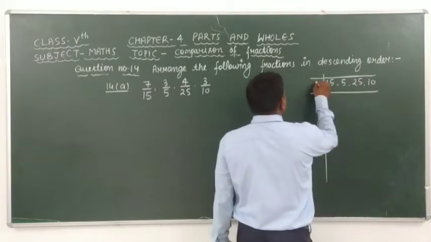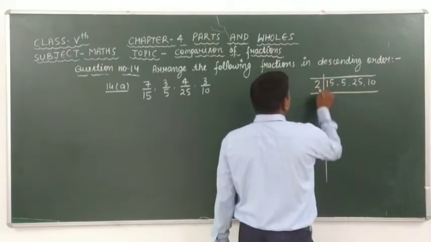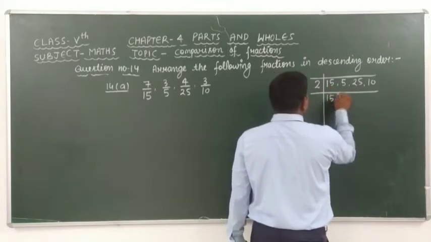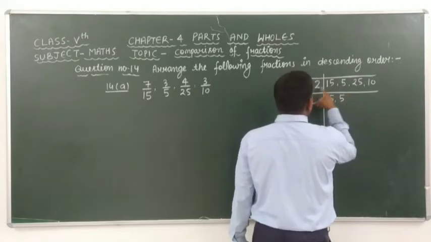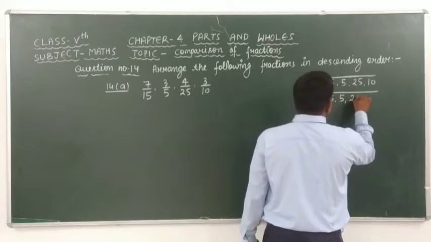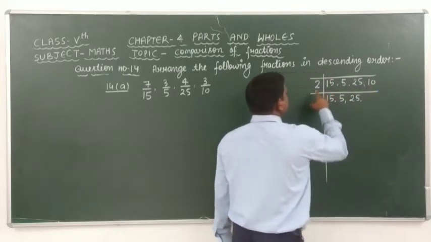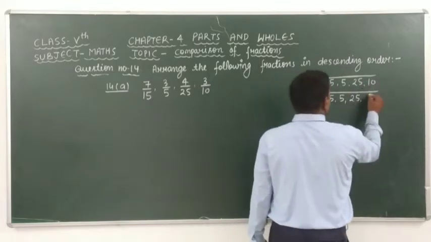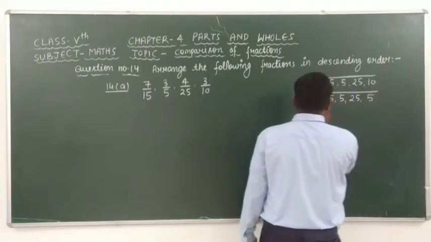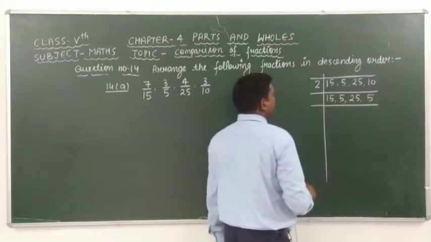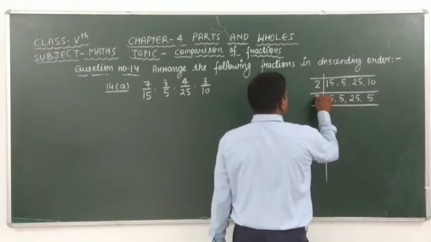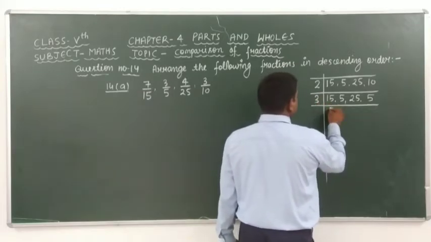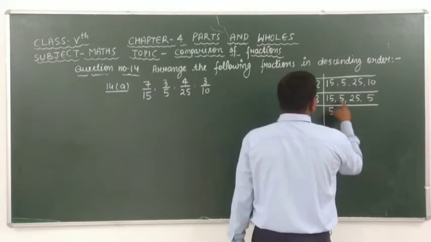Therefore here we have to take 2. 15, 5 and 25 stay the same. 10 divided by 2 is 5. Again, 15 is divisible by 3, therefore here we take 3, and 15 divided by 3 is 5.